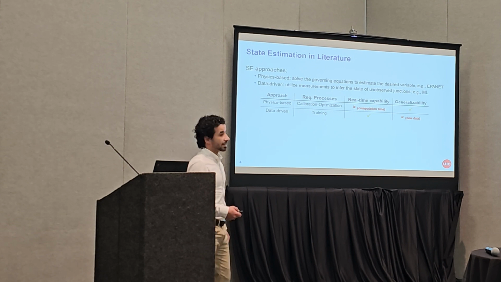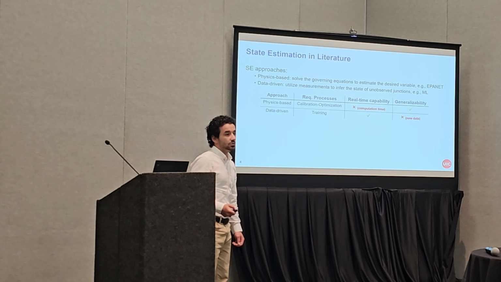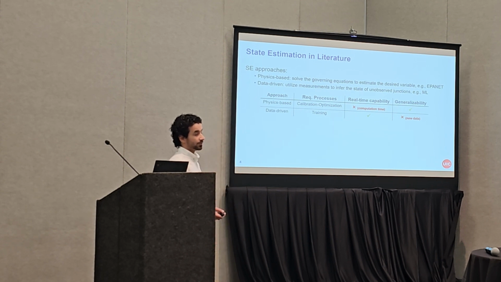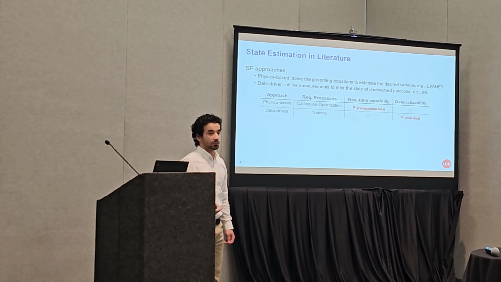But the good thing is that it can be applied because it actually uses the physical information of the system we are dealing with. For a data-driven model, it requires training, and once the model is trained, we can simply use it to get the state of the variable we are interested in.